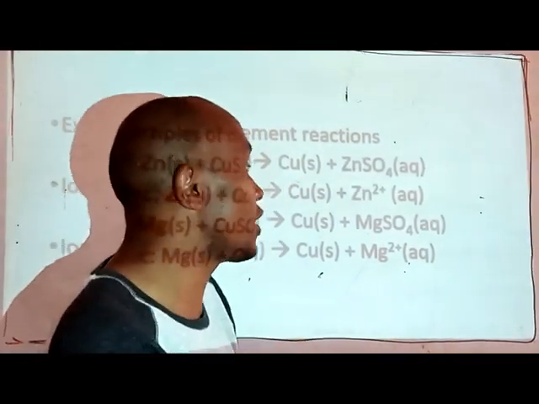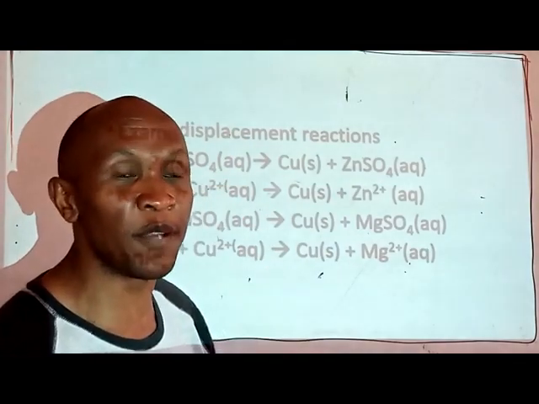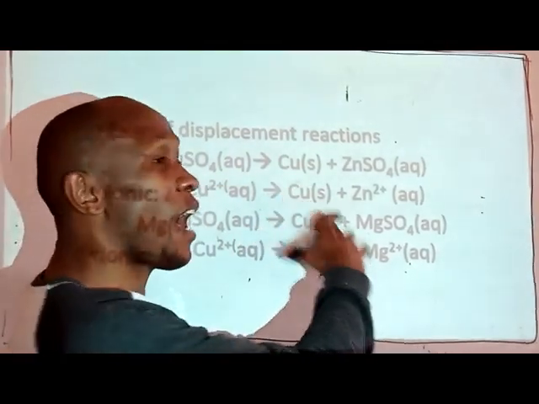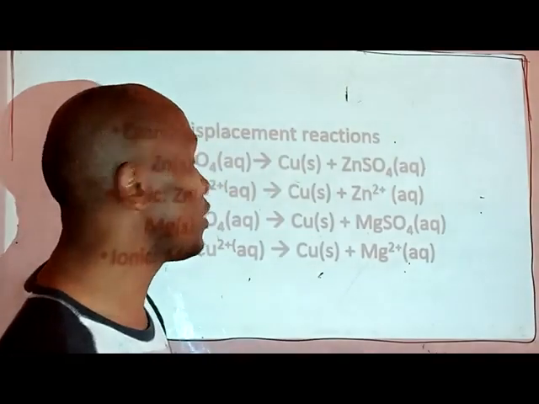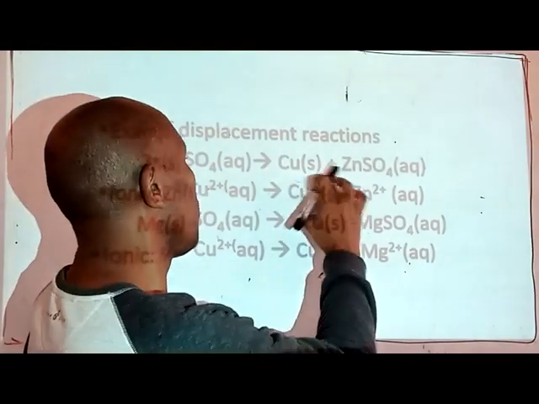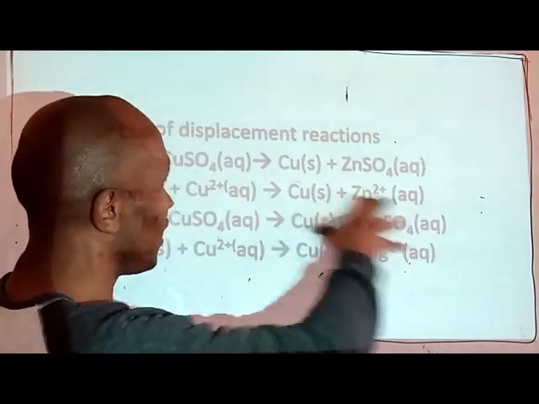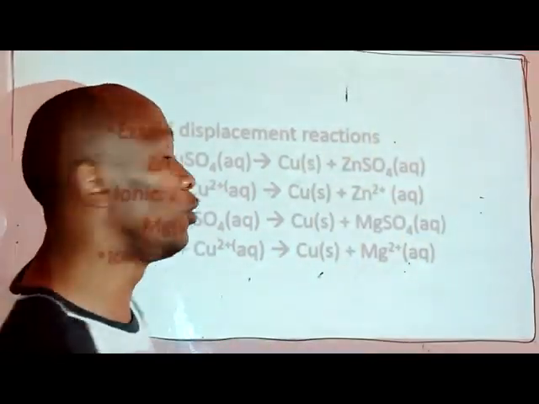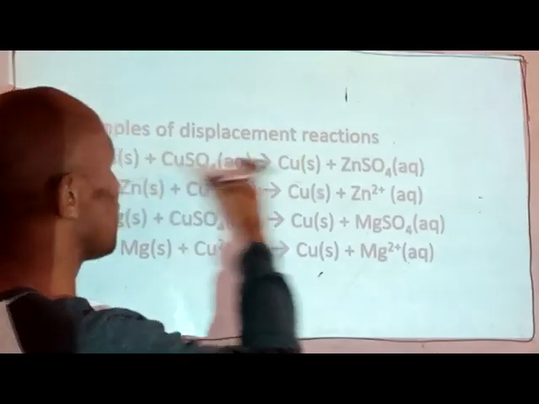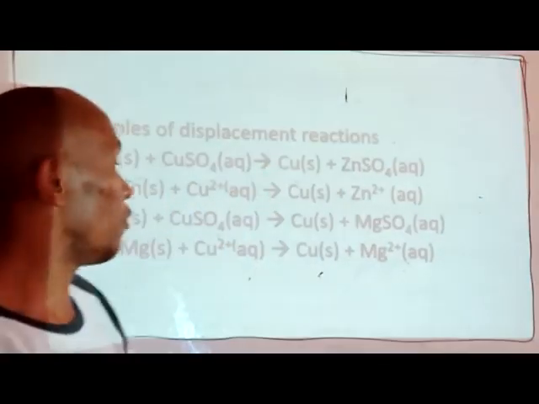It must have lost the electron. But whom has it lost the electrons to? So you cannot have ions when it is in elemental form, when it's an element. When it's an element, it cannot be an ion. So those who write 2 plus and 2 plus get a bit confused. You don't know which one to remove. But the metals are not in form of ions.